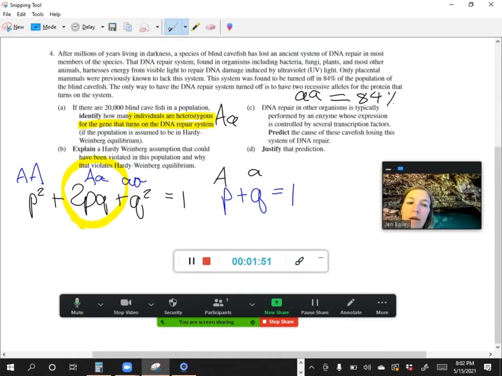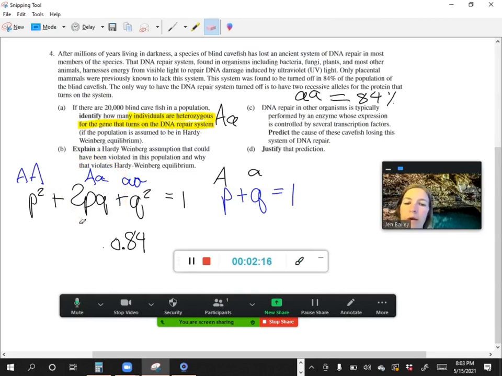Just like we already know your recessive percentage is 84%, and you have to write that in this equation as 0.84. This is going to be some percentage that we will write as a decimal. So they want to find that out.